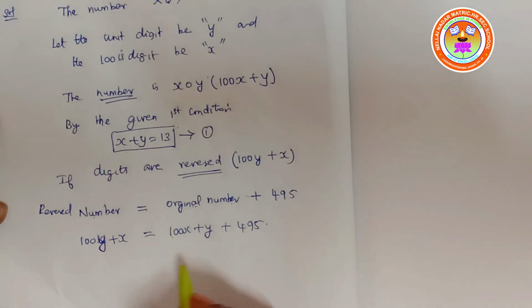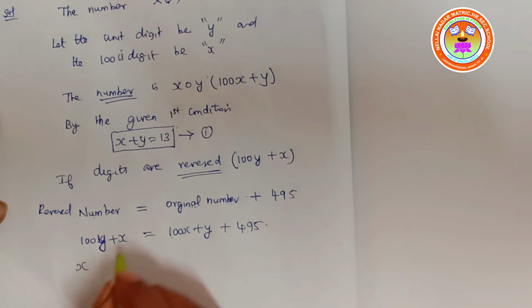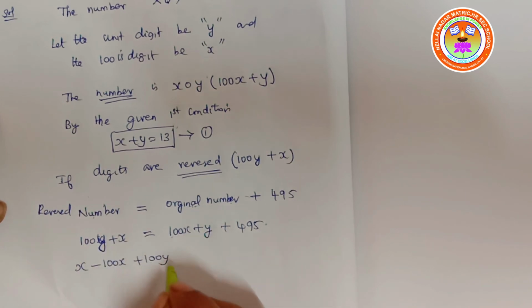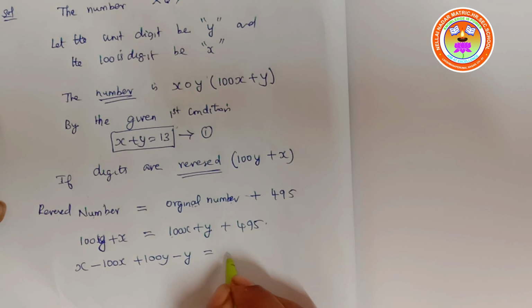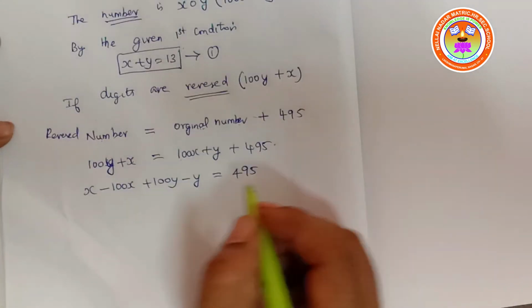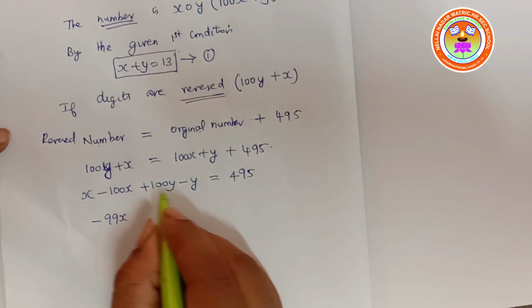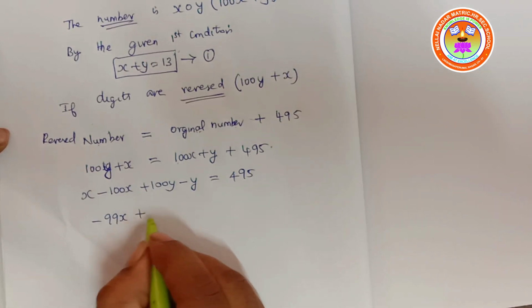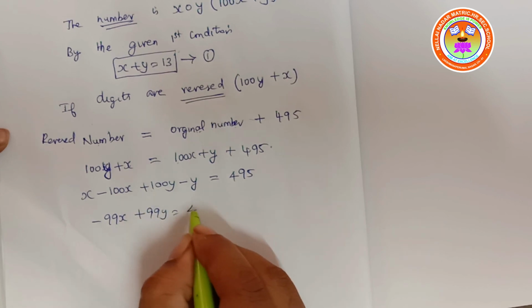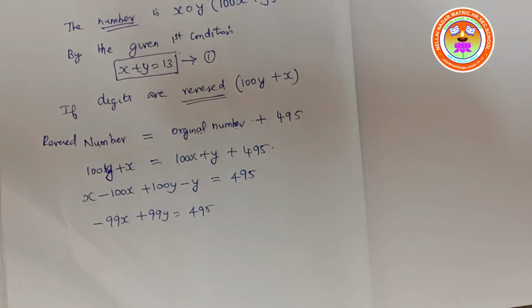It's clear, children? Now you transfer this side. Already x is there. Plus 100x becomes minus 100x. Already plus 100y is there. Transfer this side: plus y becomes minus y. That is equal to 495. x minus 100x is minus 99x, plus 100y minus y is plus 99y, equal to 495. It's clear, children?